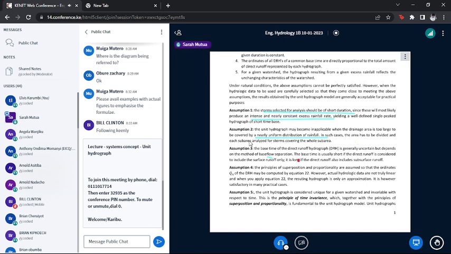And then finally, assumption number 4, the principles of superposition and proportionality that we talked about that apply in solution of response functions, whereby a sum, if you add two solutions of the response function, then the sum is also a solution.